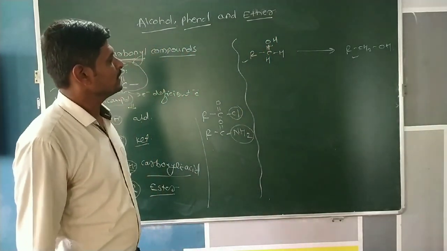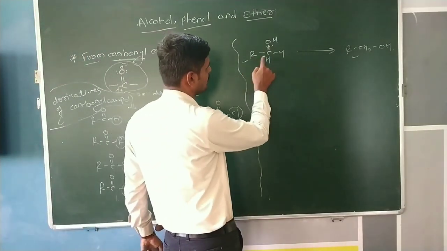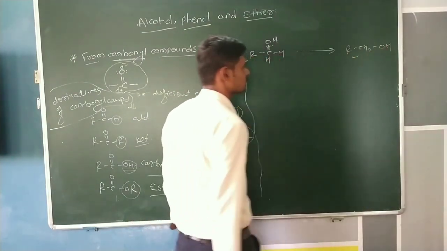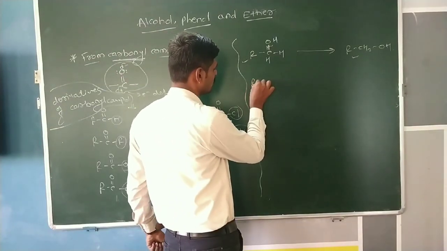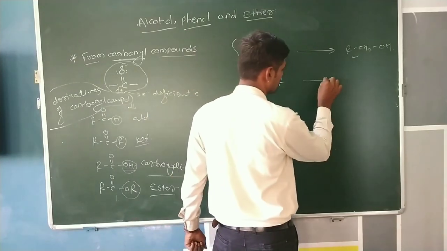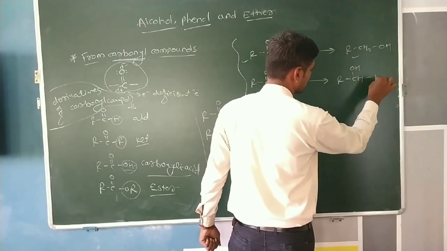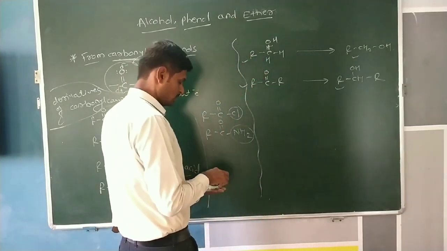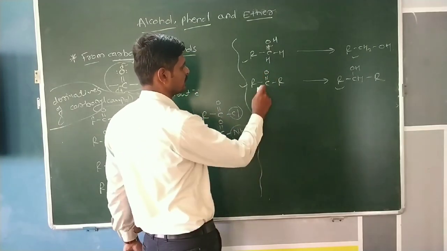This is RCH2OH. The next one is a ketone, RC double bond OR. This ketone gets converted into a secondary alcohol, that is CHOH with R. According to reactant and product, the carbonyl group contains carbon and oxygen atoms.